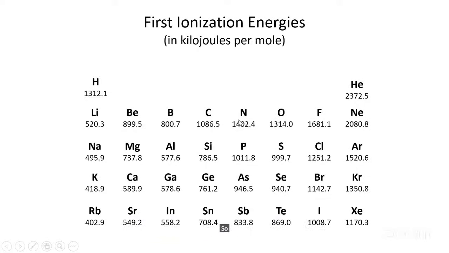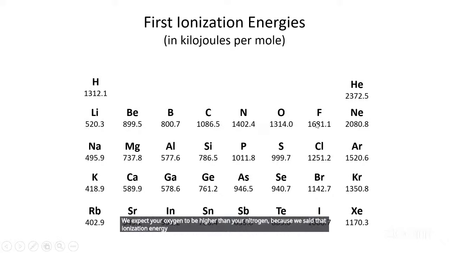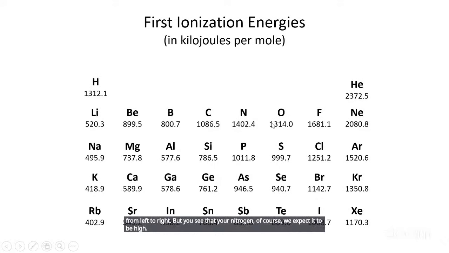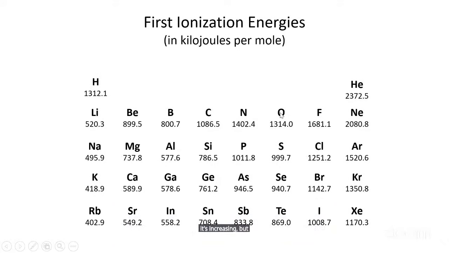So nitrogen here is high, but oxygen is low. We expect oxygen to be higher than nitrogen, because ionization energy increases from left to right. But when it got to oxygen, it reduced.